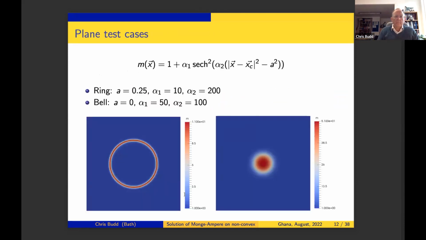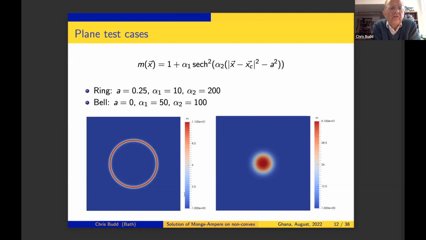Let's have a look at some examples. Here's a couple of examples that we're going to think about. They're basically two cases. There's our monitor function up there. And if you choose certain variables in the monitor function, it concentrates around a ring. And if you choose other variables in it, it concentrates around a bell.